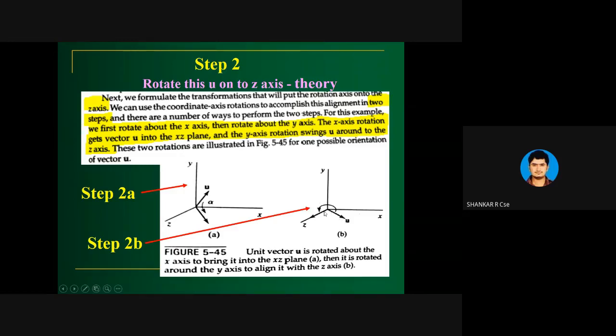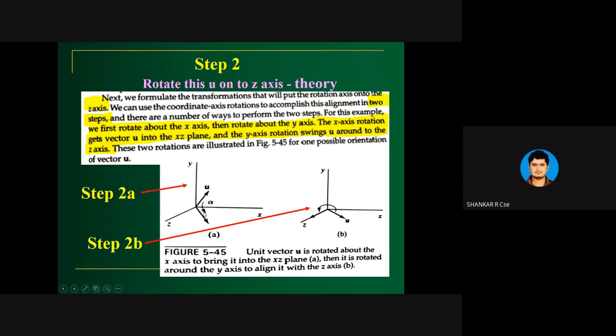The output of 2a is in the second diagram. So you can see the unit vector u is in xz. You need to now pull this anti-clockwise via some angle beta with respect to the y-axis, and thus your u will now come to the z-axis. So now we'll see step 2a, how exactly you can rotate this unit vector, which is in the xy plane, that is the first quadrant, to the xz plane.